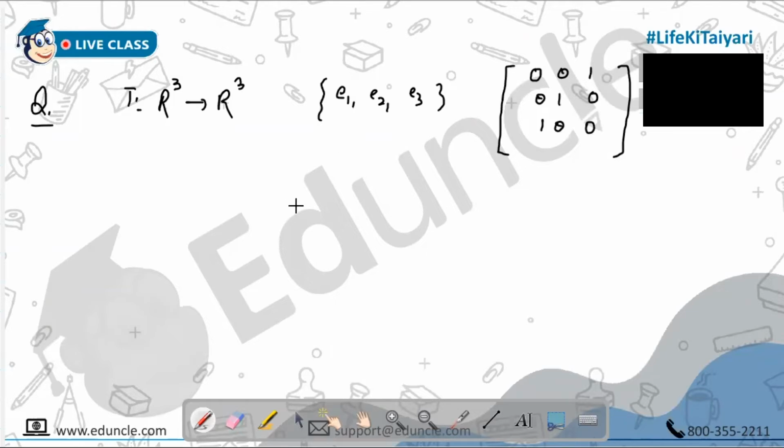Number one is, different actually. Then T maps the subspace spanned by E1 and E2 into itself.